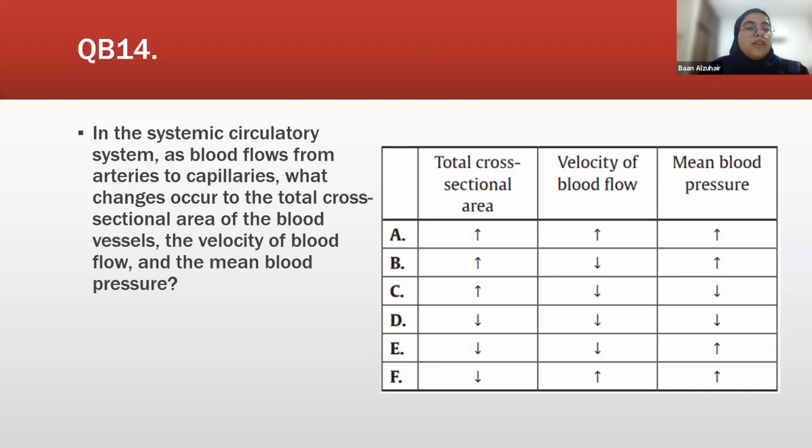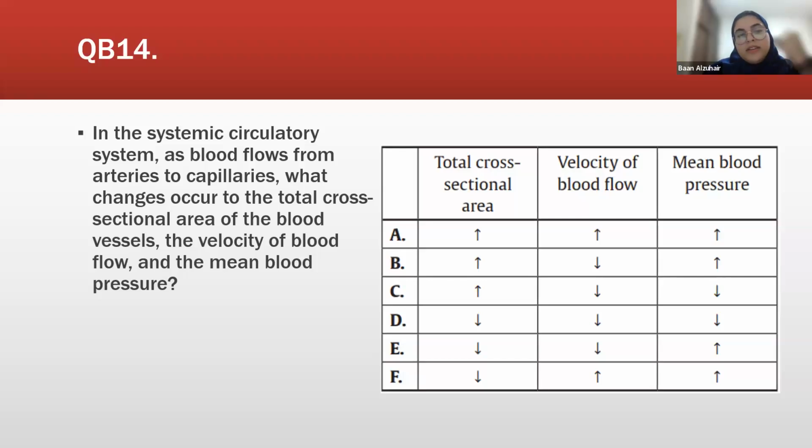What would happen to velocity of blood flow? The capillaries are really small. Would the blood flow be very high? No, it would rupture. They're very tiny. If you push a lot of blood into them, they're going to rupture. So velocity will decrease. There is a lot of blood in total because we have a lot of capillaries, but not in a single unit.